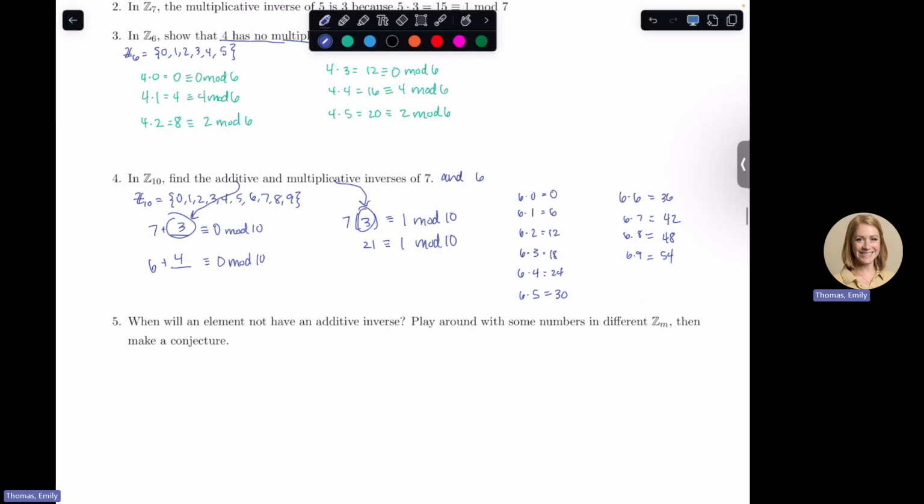Okay. When will an element not have an additive inverse? It will always have an additive inverse.